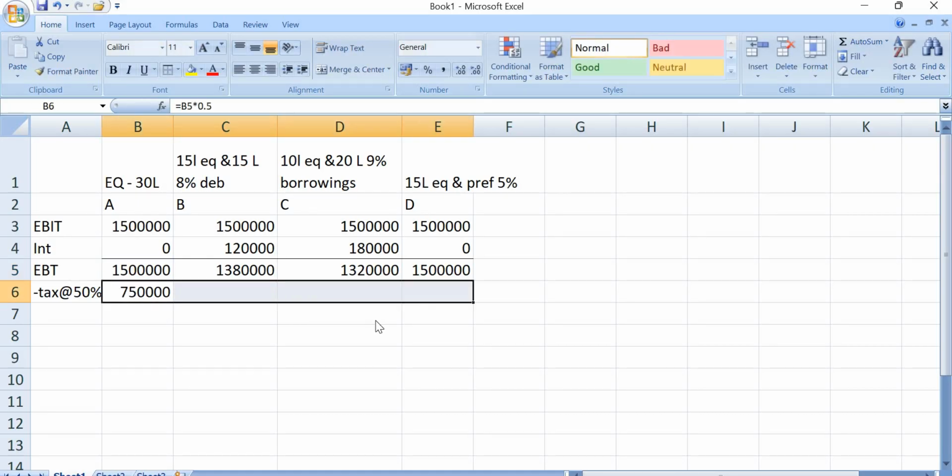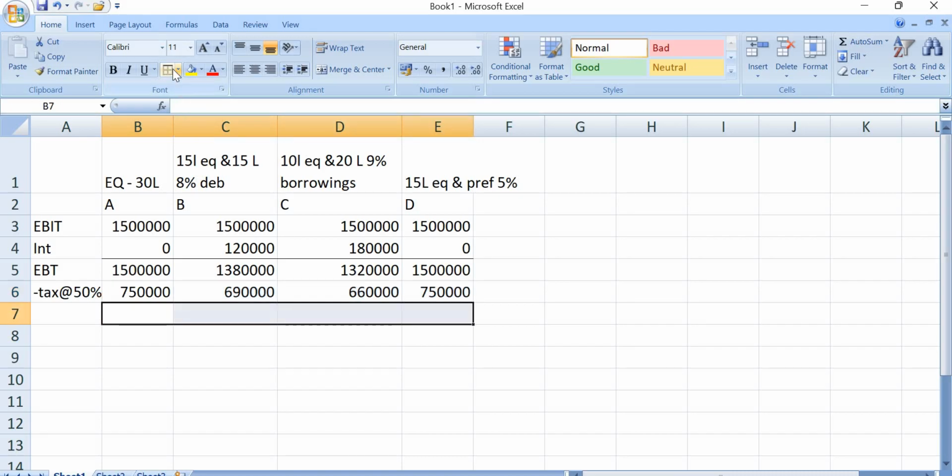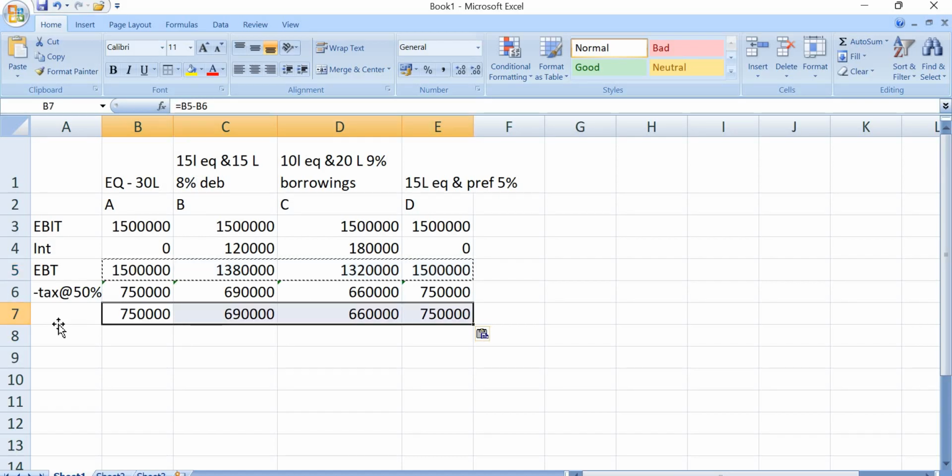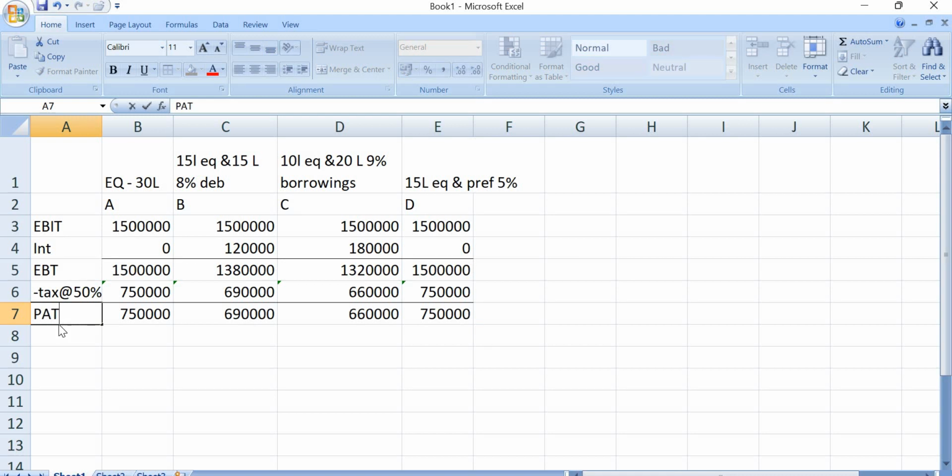So my profit after tax will be 7 lakh 50,000, 6 lakh 90,000, 6 lakh 60,000 and 7 lakh 50,000.